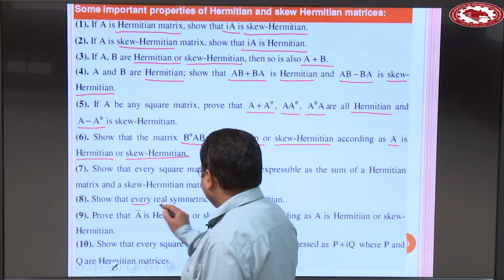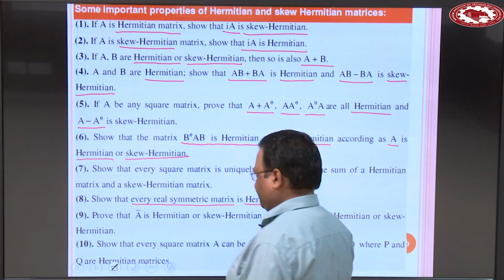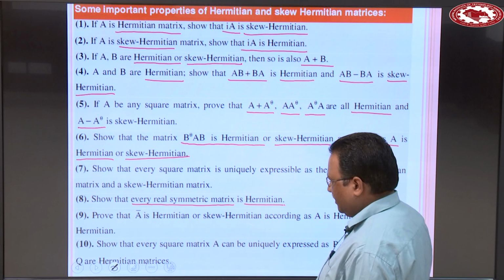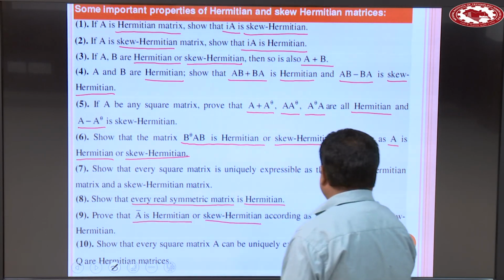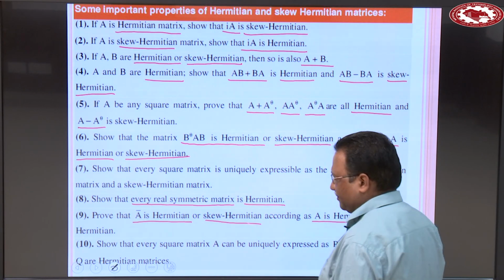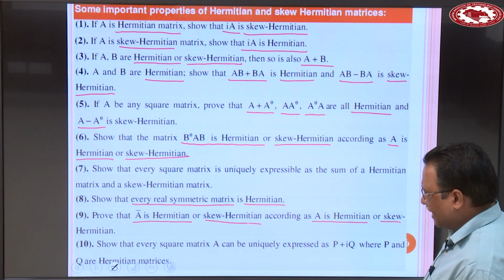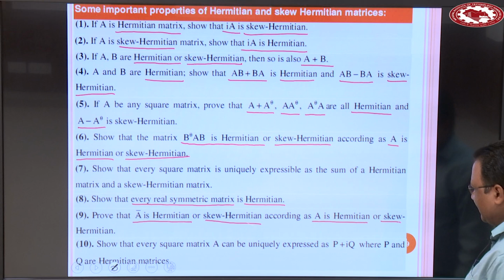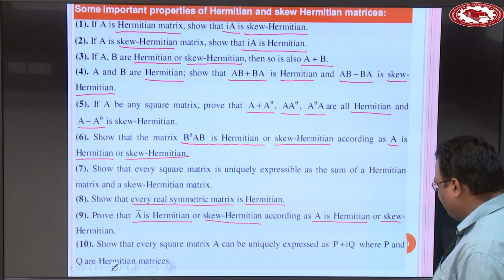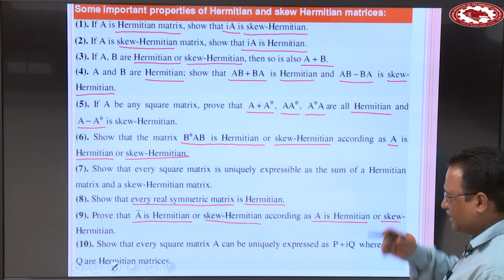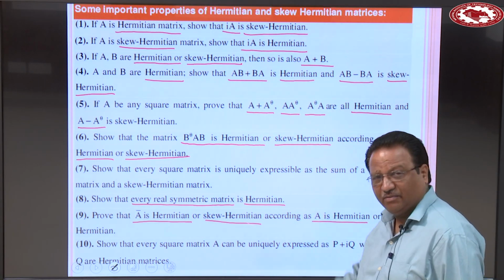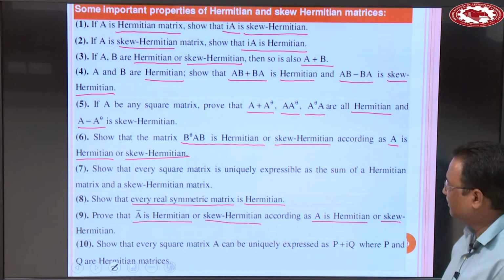Every real symmetric matrix is Hermitian. A bar is Hermitian or skew Hermitian according as A is Hermitian or skew Hermitian. And every square matrix A can be uniquely expressed as P plus iota Q, where P and Q are Hermitian matrices. So, we can prove all these properties with the help of fundamental concepts.